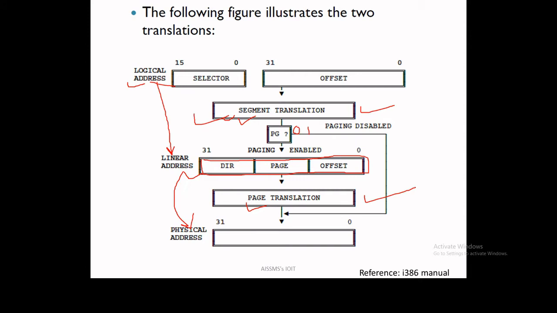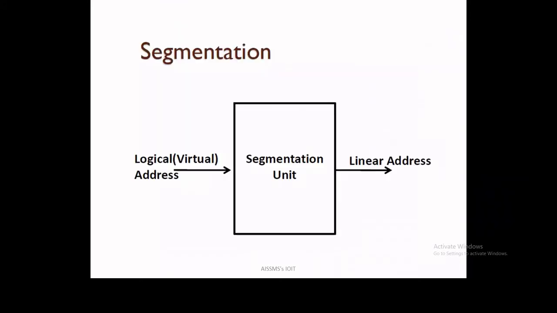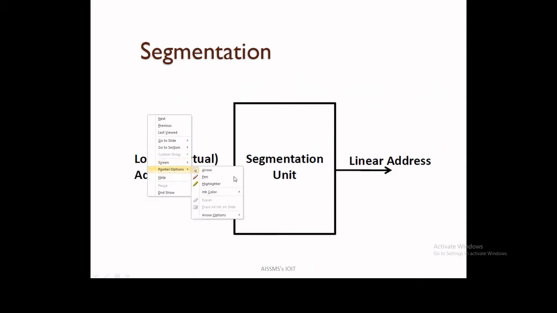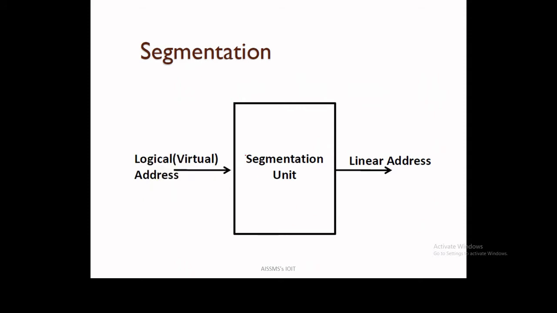Now we will see segment translation. The overall diagram can be drawn like this. This is the logical address. The logical address is given to the segmentation unit for segment translation, and we get the linear address as the output of the segmentation.